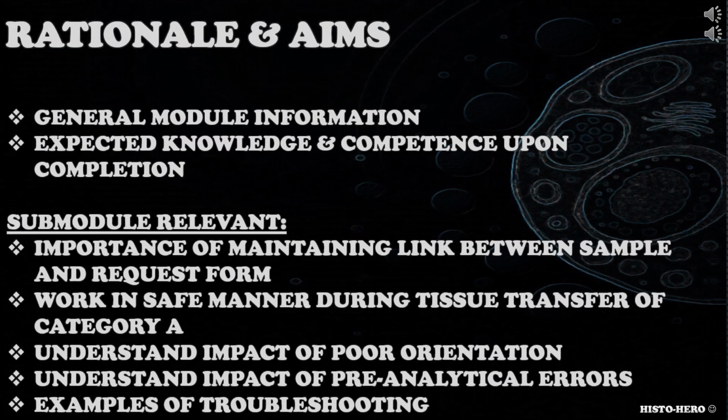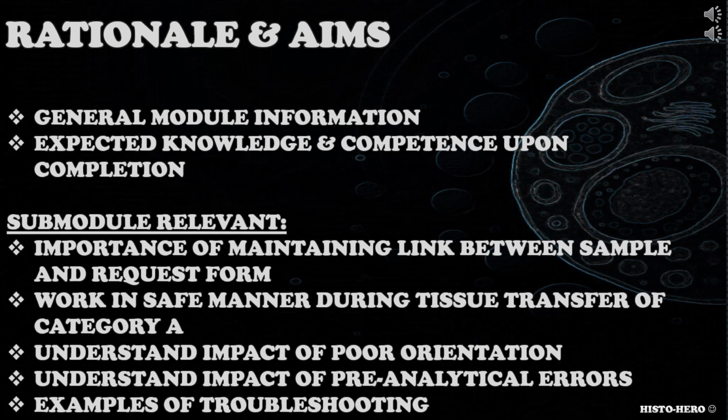Rationale and aims of this submodule outline the general information and expected knowledge and competence that needs to be achieved when this submodule is completed. These are relevant to each submodule. For this submodule, the expectations are that the candidate will be able to recognize, apply and appraise the importance of maintaining the link between the sample and its request form.